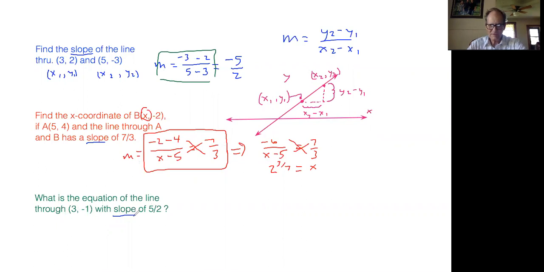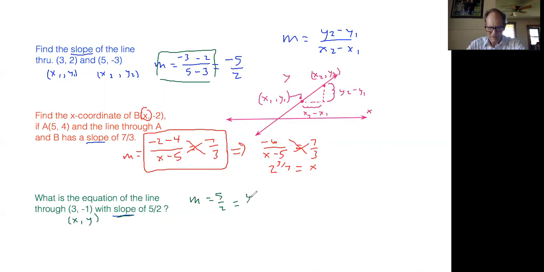Well, notice that it says slope m is 5/2, and I'm missing a point here. Well, why don't I say that point is the point x, y? I don't know what it is. Now I'll call this point number 2, and I'll call this point number 1.